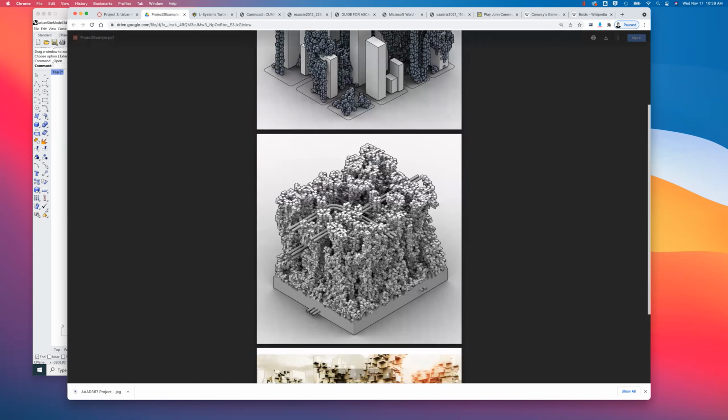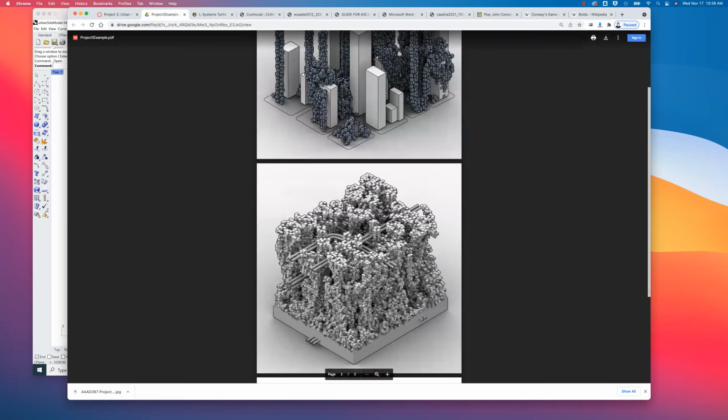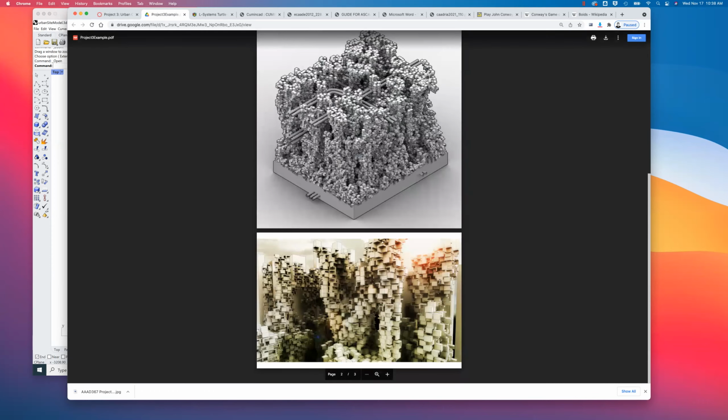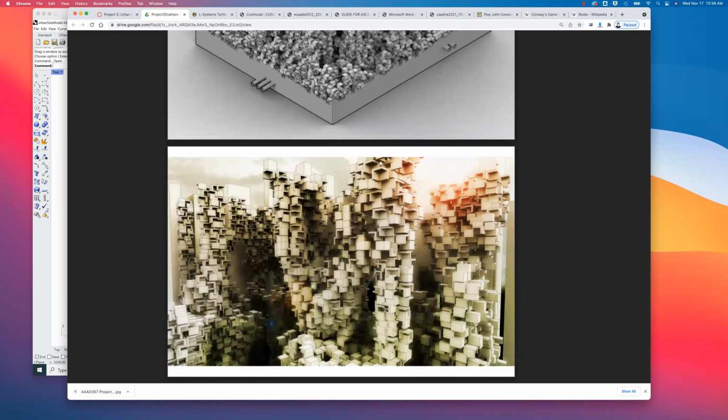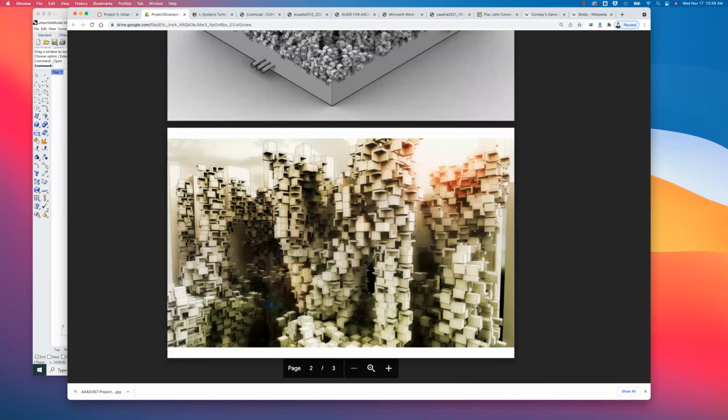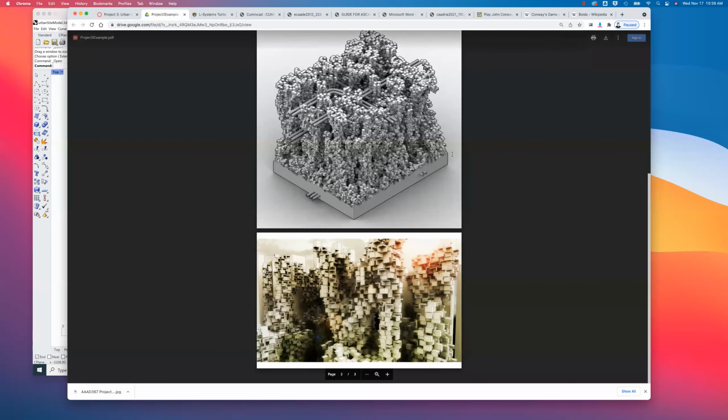We'll generate axons, renderings, line drawings, make 2Ds and things like that. Hopefully we get to some sort of atmospheric urban perspective. We'll see if we get there or not.